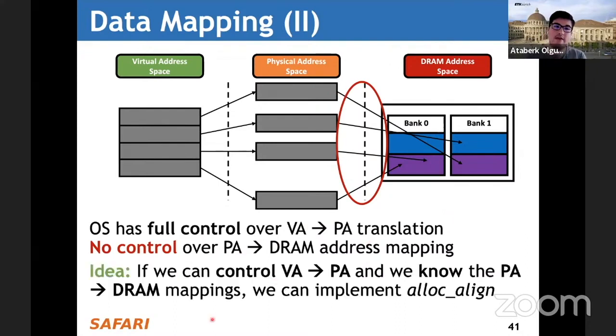The idea is if we can control the mapping from virtual address space to physical address space, and we know what the physical address space to DRAM address space mapping looks like, we can implement alloc-align. And that's our assumption. So we assume that we know about this mapping.